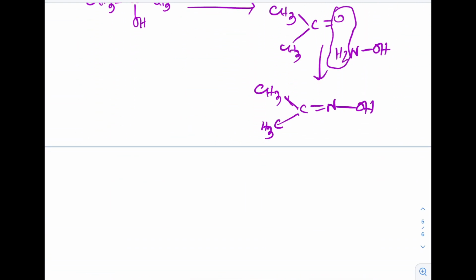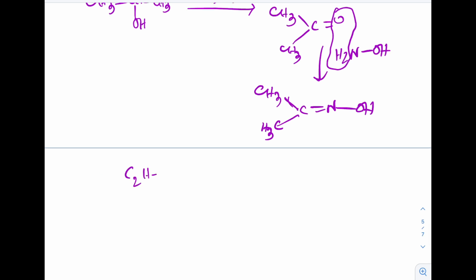This is diethyl ether. When it reacts with HI, it will produce 1 mole of ethanol.